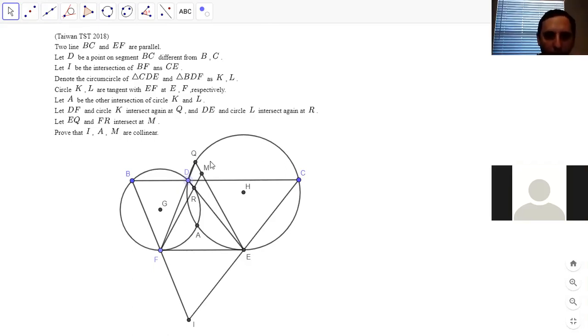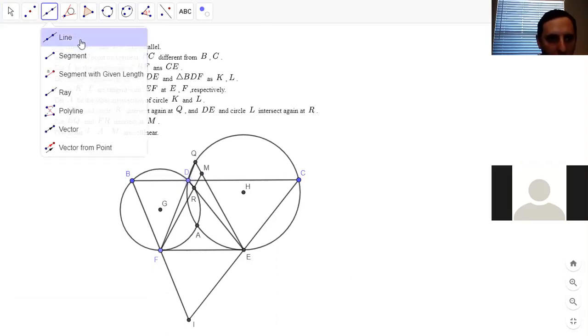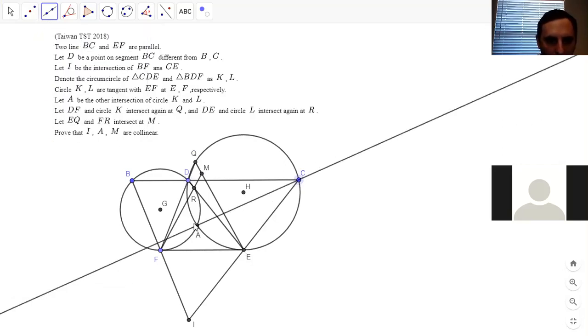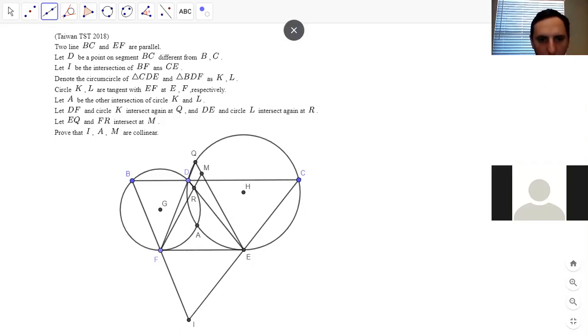Well, another way is we could show the tangents at Q. So like we could let AC intersect EF at a point, and then we could show that that point with Q is tangent. I don't know if there's another way to show it, though.